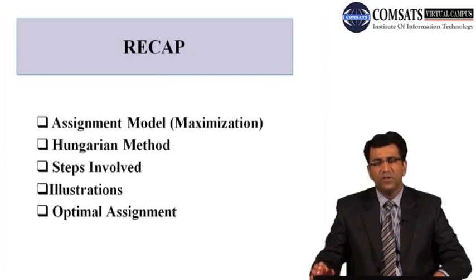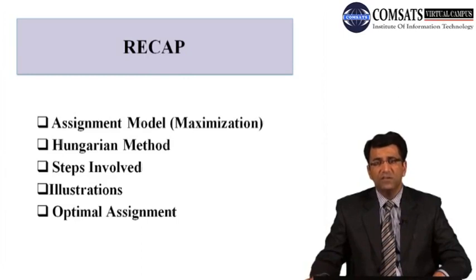Now after completing all of the rows, we repeat the same process for the different columns. Again we check whether there is a single zero in a column, and accordingly we assign that zero. And also we have to cross out all the other zeros in the respective rows. The same is true when we check the different rows.